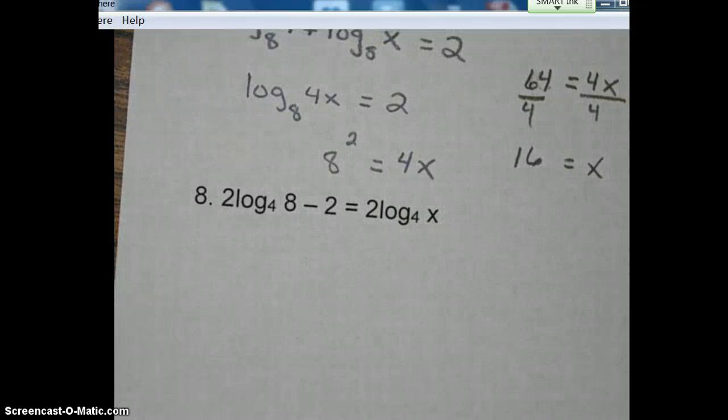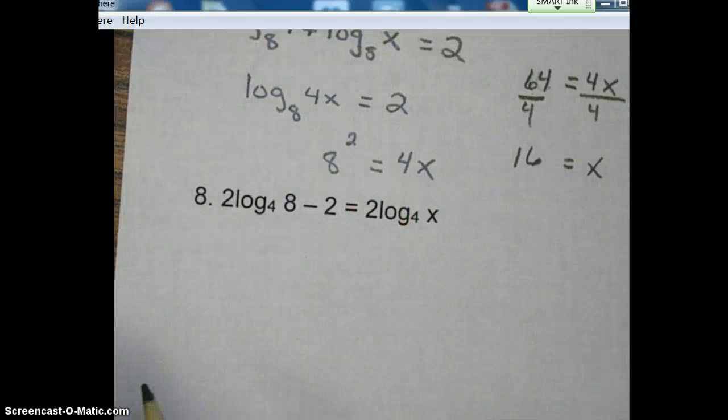All right, here we go. Number 8. Ooh, what do we do here? We got to think about our properties. And you know, there's not always just one way to solve a problem. You can sometimes attack problems different ways. Okay? So I'm just going to talk this out real quick. I'm going to let you try to figure this one out.